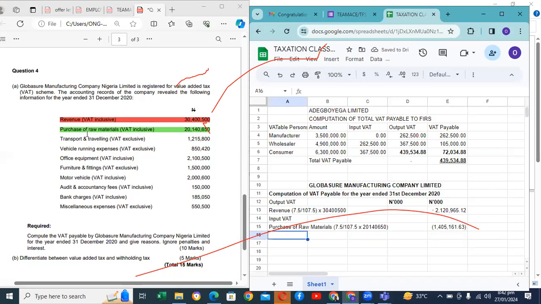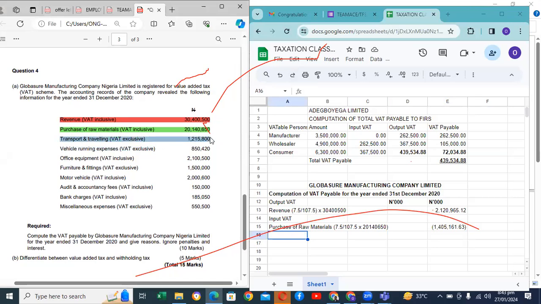Now, transport and traveling, does it form part of your sales? Or does it directly affect your sales? No. It's not capital expenditure, but it can be administrative expenses.